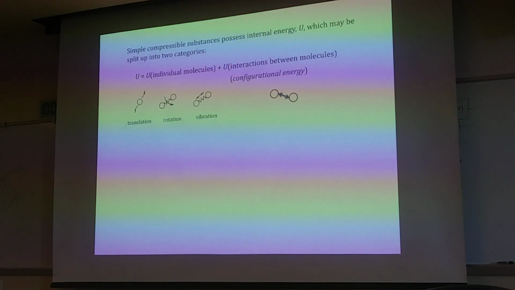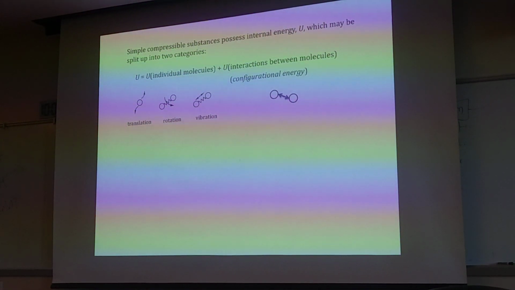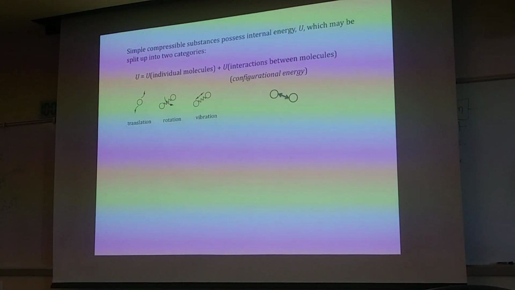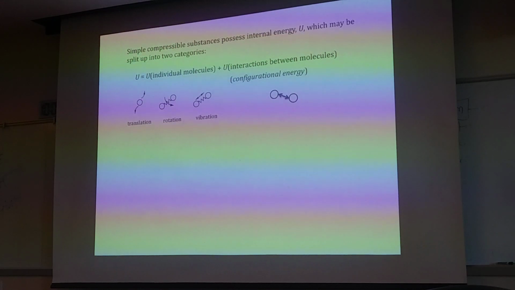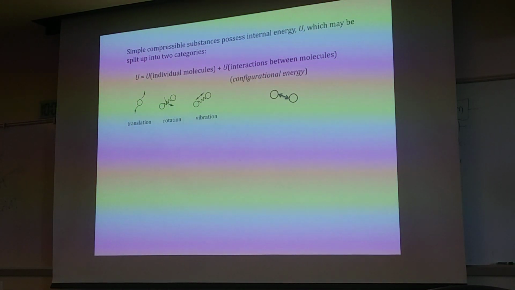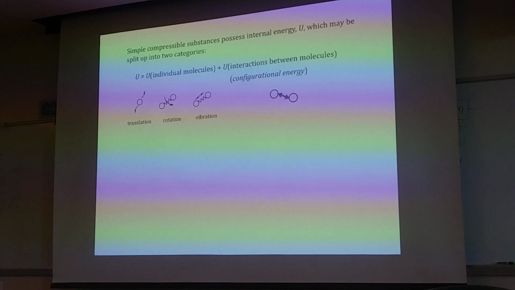We can make one distinction between all of the different forms: the sum of the energy that each of the individual molecules possesses on its own, plus the energy associated with the interaction between the molecules. Now, if I'm dealing with gases, particularly ideal gases, then this part is negligible. That is, the molecules on the average are far enough apart from one another that they don't contribute to the internal energy of the system.